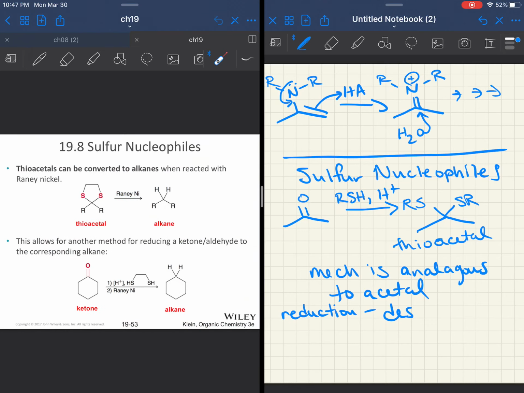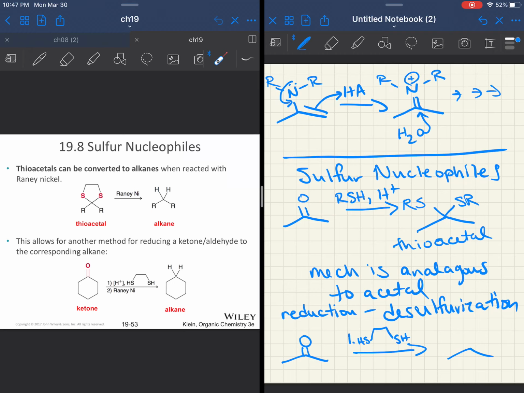This one is called a desulfurization. Yes, I believe that's what we're going to call it. Desulfurization. This is yet another way that we can reduce a carbonyl all the way down to an alkane.